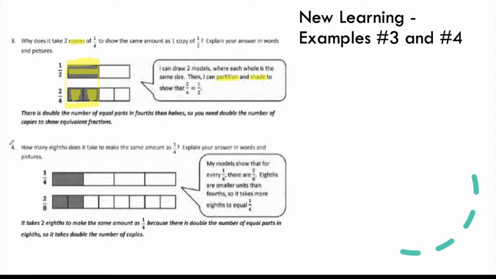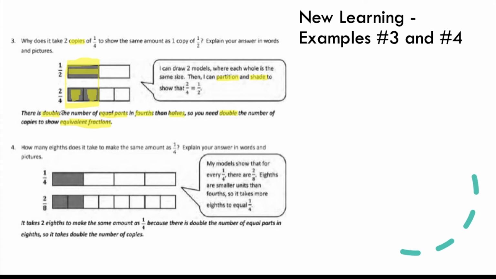Great. So their answer uses some really awesome math vocabulary. Let's take a look. There is double the number of equal parts in fourths than halves. So you need double the number of copies to show equivalent fractions. They wrote out their fractions as words.